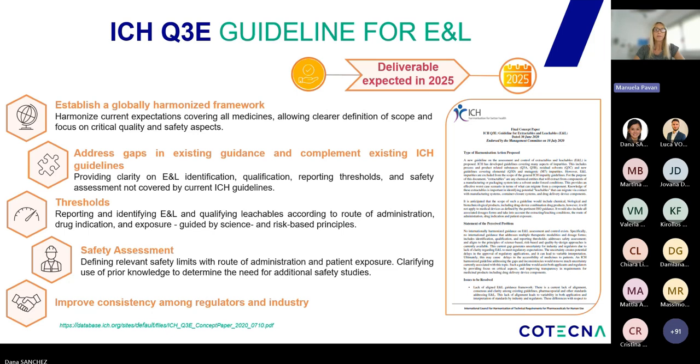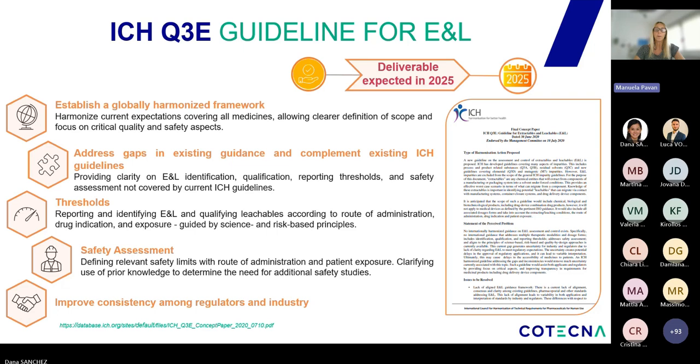To address the current regulatory gaps, the International Council for Harmonization is developing a guideline that was already mentioned, the Q3E, which is going to focus on the assessment, testing and control of extractables and leachables, and which is expected hopefully in June 2025. According to the 2020 concept paper, the Q3E will provide a globally harmonized framework for extractables and leachables evaluation.